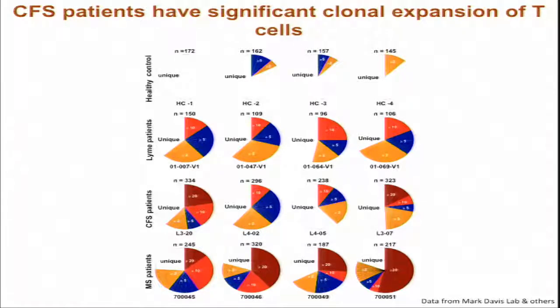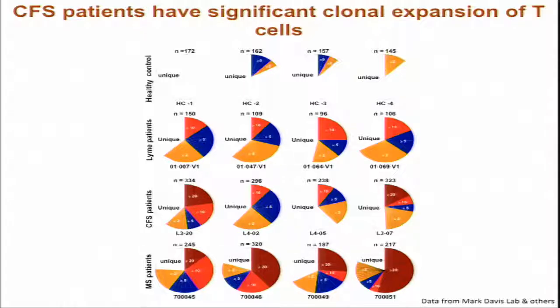However, here are Lyme patients, and at the bottom are MS patients, multiple sclerosis, which have been mentioned. These are well-known immunological diseases. There is a T cell response to these diseases with a known infection.